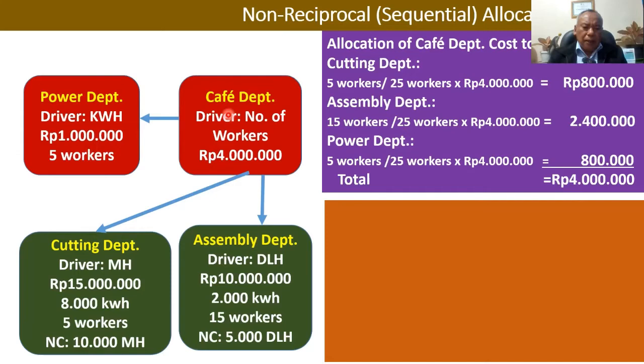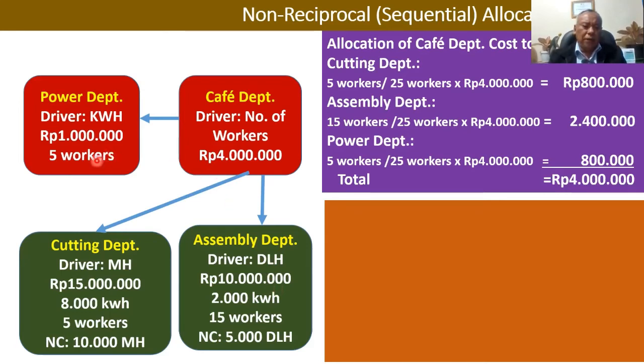After that, the department that has allocated to other service departments will not get any more allocation from other service departments. So the power department will not allocate to cafe department, which is why it's non-reciprocal. The power department just directly allocates its cost to the producing departments.